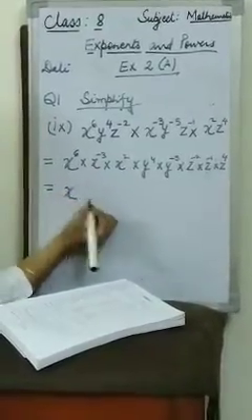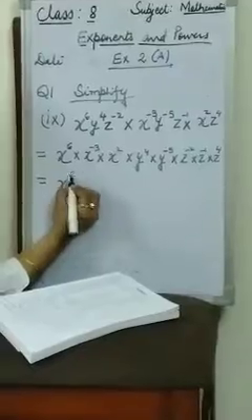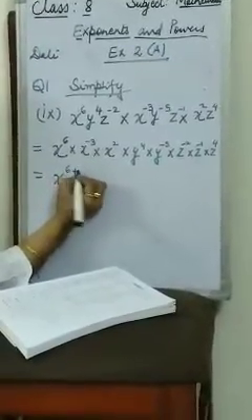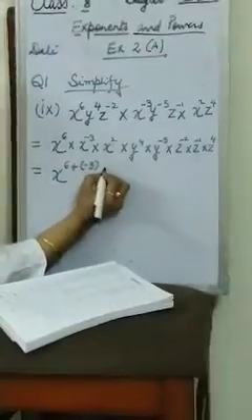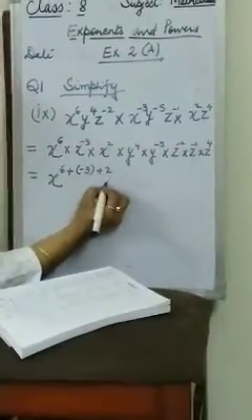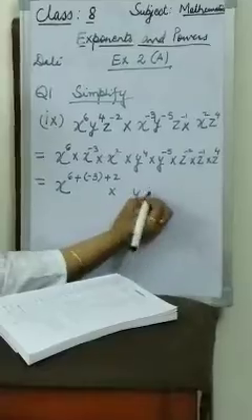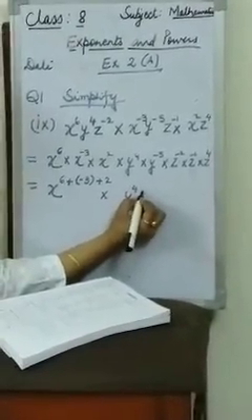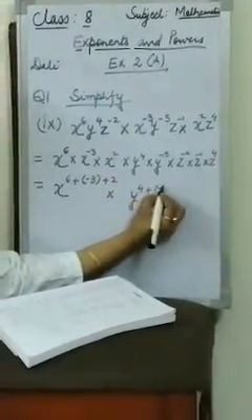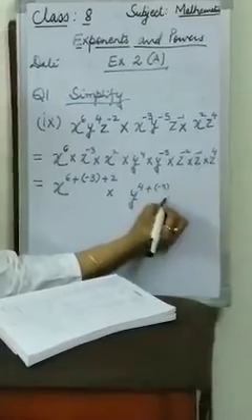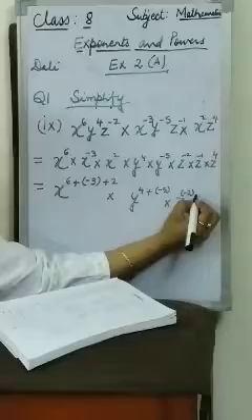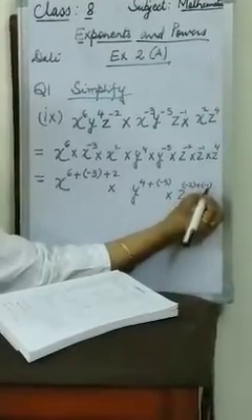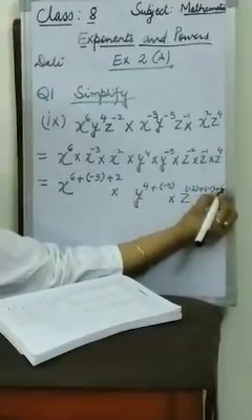So what we can write directly, x to the power 6 plus, a negative number is always to be written in a bracket, minus 3 and plus 2. Y to the power 4 plus minus 5 and z to the power minus 2 minus 1 and plus 4.